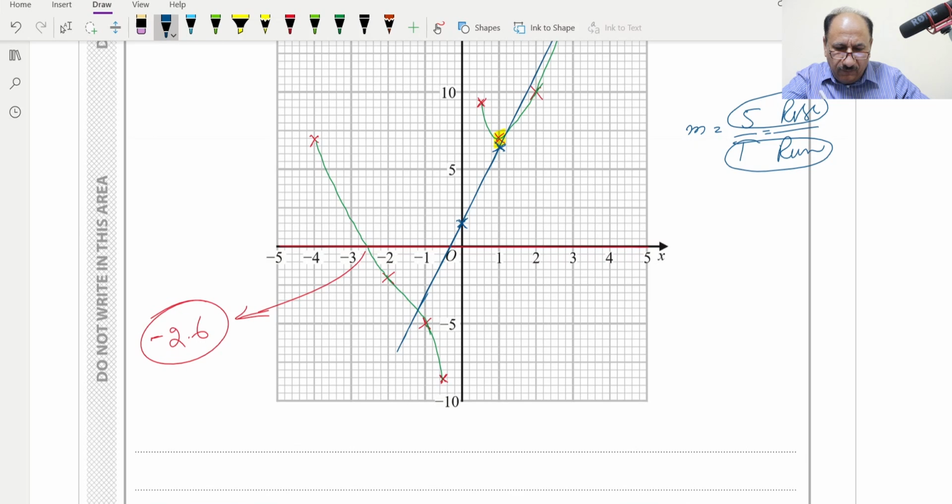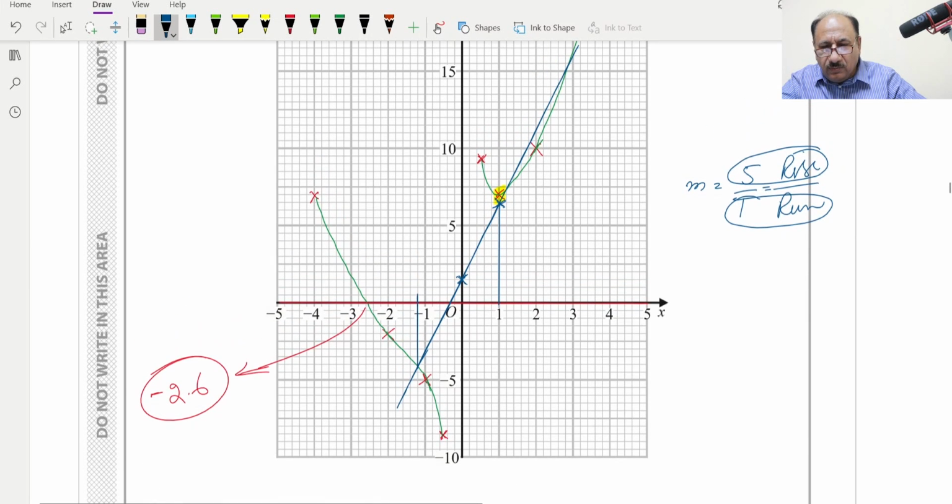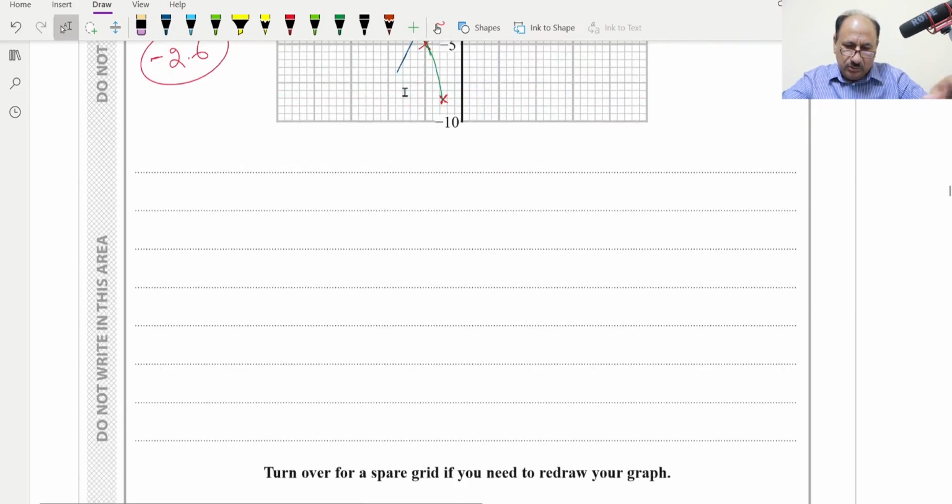First reference will be this reference, and the second reference will be over this point, and the third reference will be this point, which we can show over here. So these will be the three solutions.